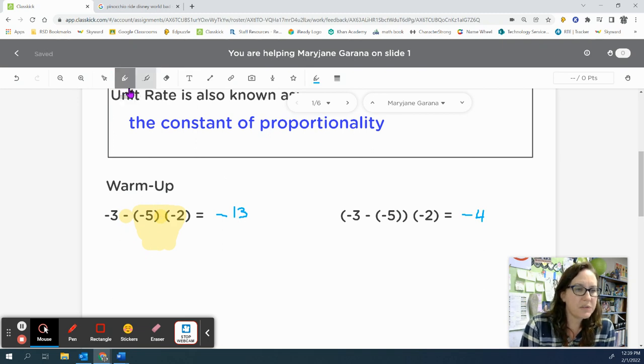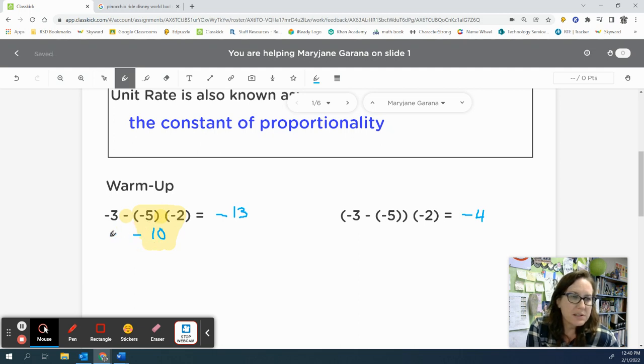So in this case, we've got negative 5 times negative 2. That becomes positive 10. Remember, we just multiply. 5 times 2 is 10. But since you're doing a negative times a negative, the answer is always going to be a positive number. If it has the same sign, it's a positive number.